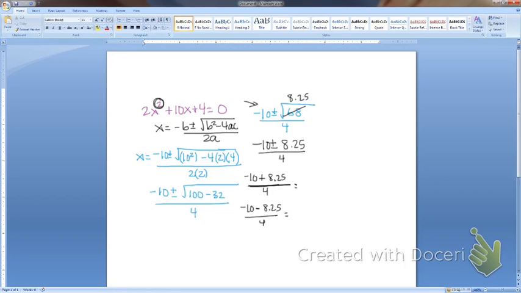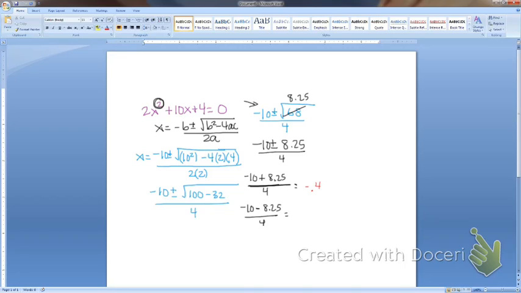Alright, so if I have negative 10 plus 8.25, enter, divide by 4, I get negative 0.4375. And again, that's not a nice number, so we are just going to say negative 0.4.